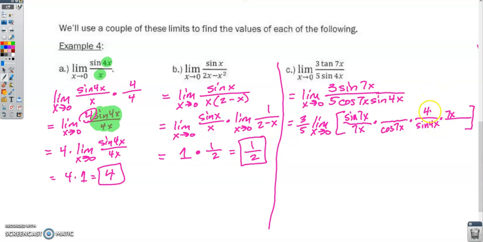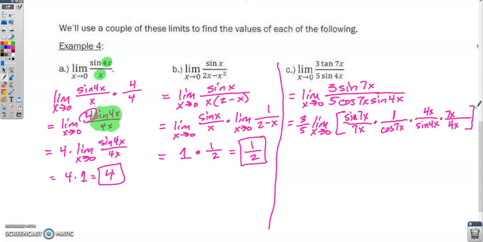So if I put a 4x in here, then I also need a 4x in the denominator of my compensation term here. And lastly, I don't have a rule for anything over cosine of 7x, and if I try and take the limit of that as x goes to 0, I can just substitute 0 in. So I'm just going to make this numerator 1, and I don't need anything in my compensation factor then.